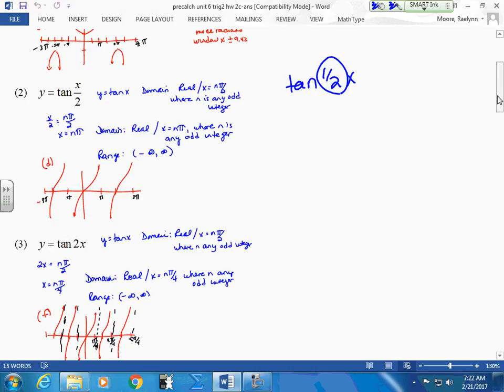We said tangent works different than your cosine and your sine curves because they're not a curve. They're broken up by asymptotes, and the 90 and the negative 90 don't work. So your cycle is 180, every 180 degrees. So now, if I want half of my curve in 180, how long is it going to take me to complete my full curve?